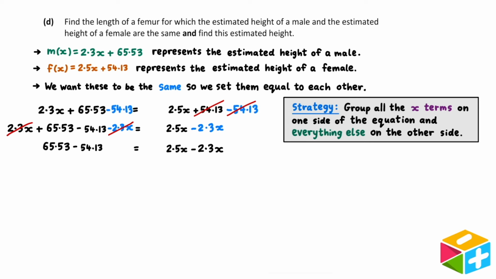From here, we can do some simplification. 65.53 minus 54.13 is 11.4, and 2.5x minus 2.3x is 0.2x.